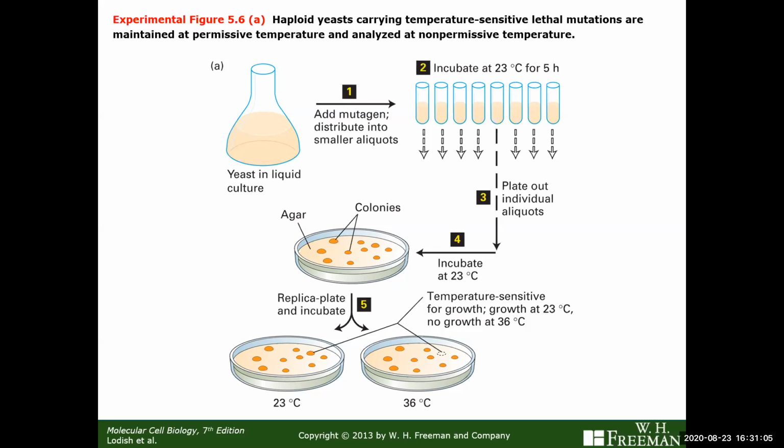Now, first you want to ensure that you do not kill the cells, because you will see why. After mutation, you plate them on a petri dish containing agar and yeast growth medium. You grow all the cells at the permissive temperature, lower temperature, 23 degrees. And then you make two copies.